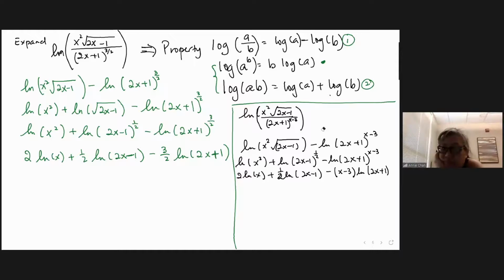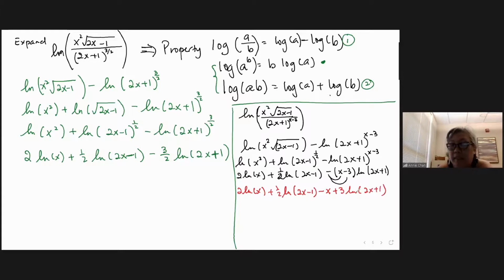Yeah. But if I distribute the x into everything that is inside this parentheses, that means I have to take out the parentheses, right? Then I would have, okay, I'm going to write it this way: 2 natural log of x plus 1/2 natural log of 2x minus 1 minus x plus 3 natural log of 2x plus 1.